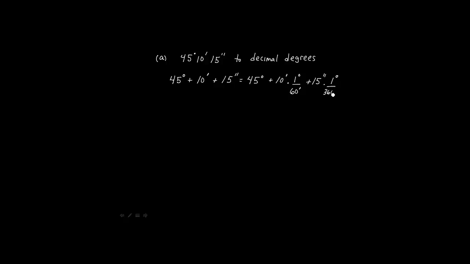There's 3,600 seconds. We could do that as an aside. 1 degree is 60 minutes. Agree? And 1 minute is 60 seconds. The minutes here cancel out, so 1 degree is 3,600 seconds. Right?